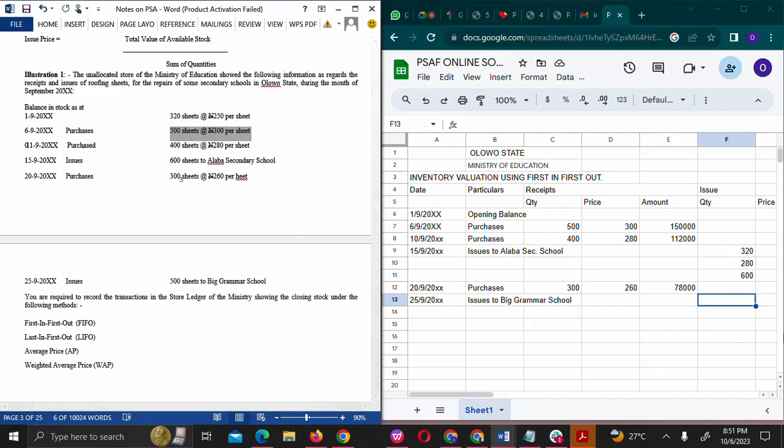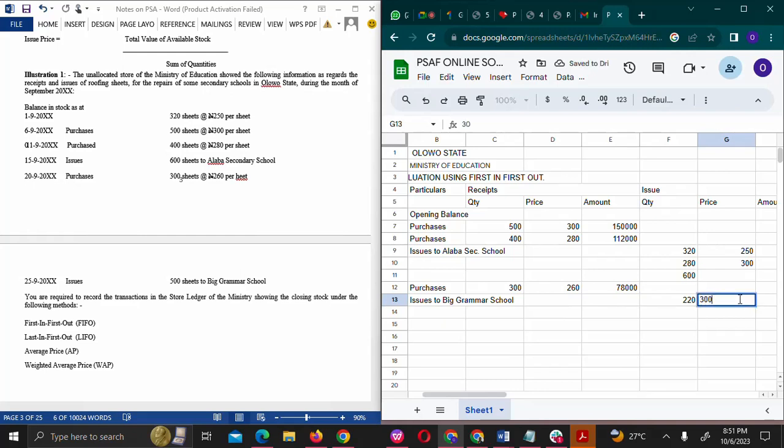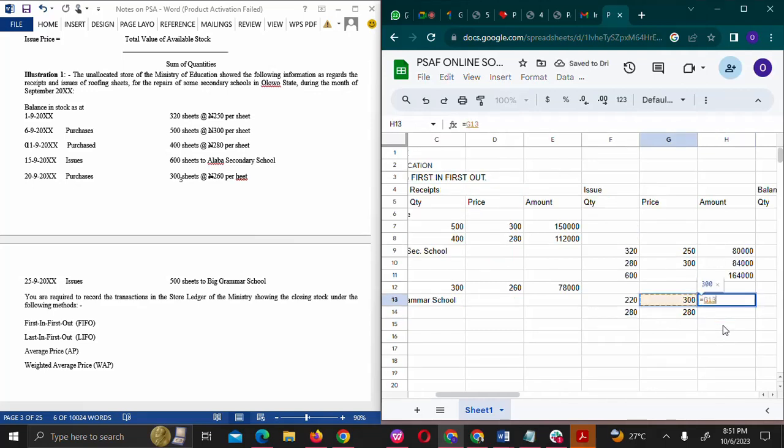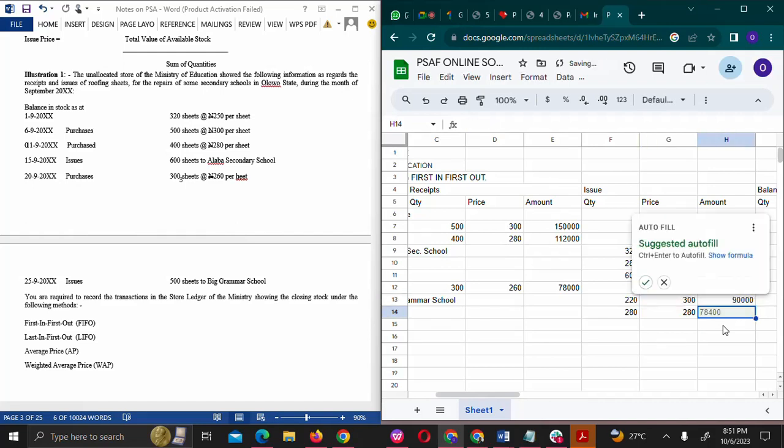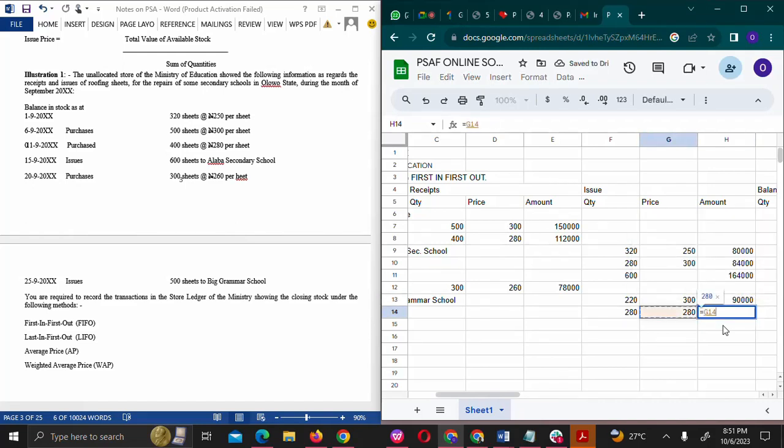Do you understand? So you say 220 units. So you're issuing the 220 at 300 naira. And what you want to issue out is 500. To complete 500, you have 280 left. And 280 will be at what amount? At 280 naira. Right? So here I have this 300 times 220, and here I have this times this.